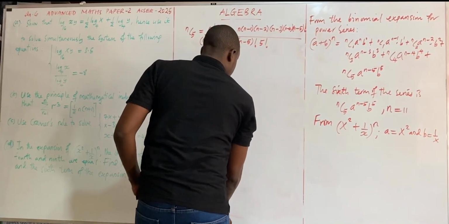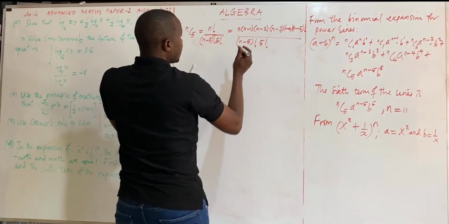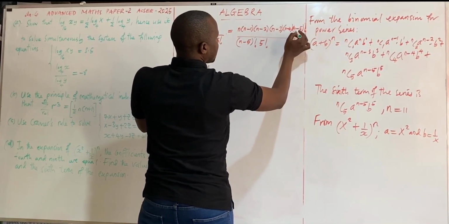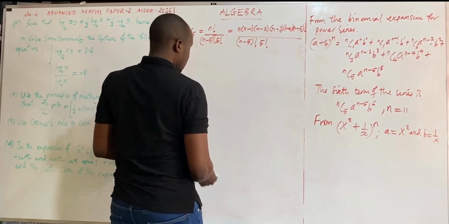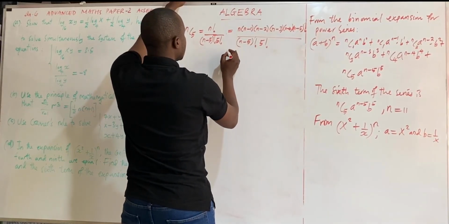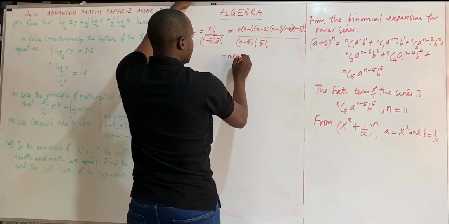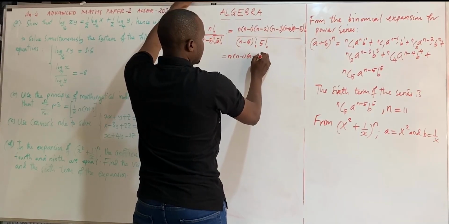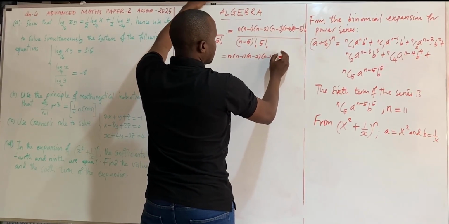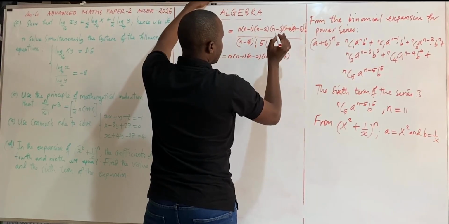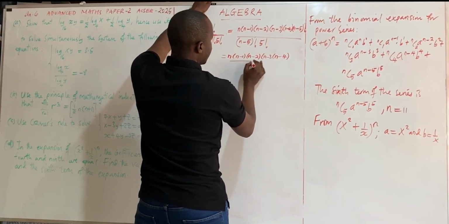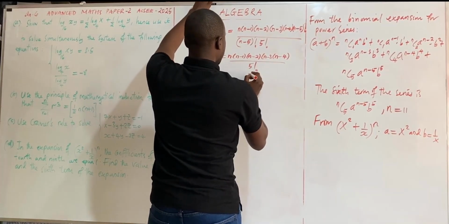So you can see here, this n minus 5 factorial and this n minus 5 factorial cancel out. What has remained is n, then n minus 1, n minus 2, n minus 3, until n minus 4. Then all these you divide by the 5 factorial.